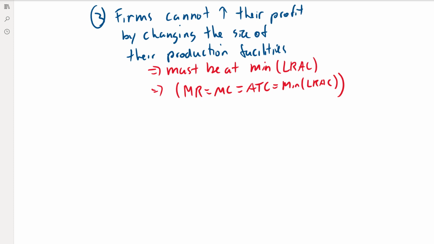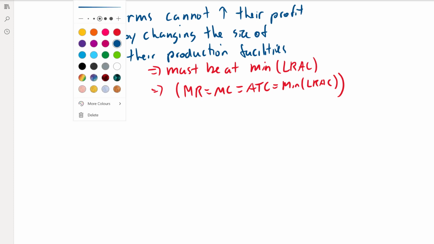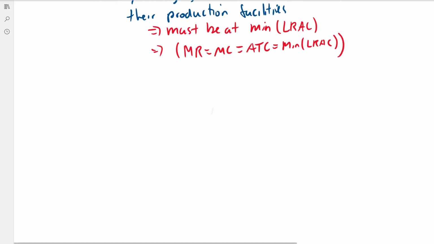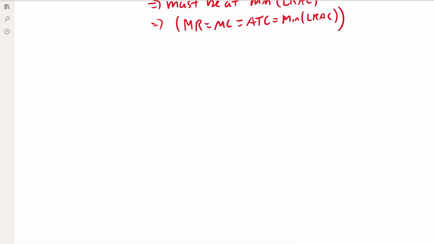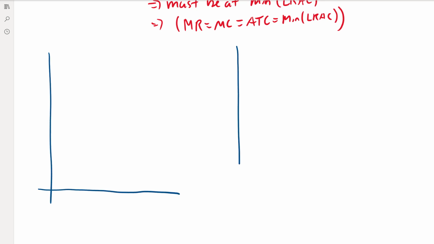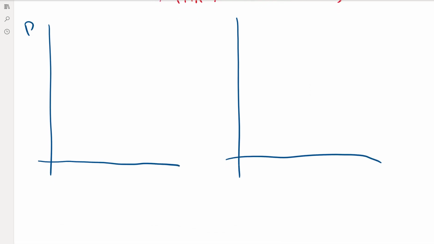Okay, so let's draw this equilibrium out. It's going to look a lot like our short run equilibrium with zero economic profit. We just have one extra curve to draw in. Alright, so here's our industry diagram. Here's our firm diagram. Price and quantity. Price and little q.